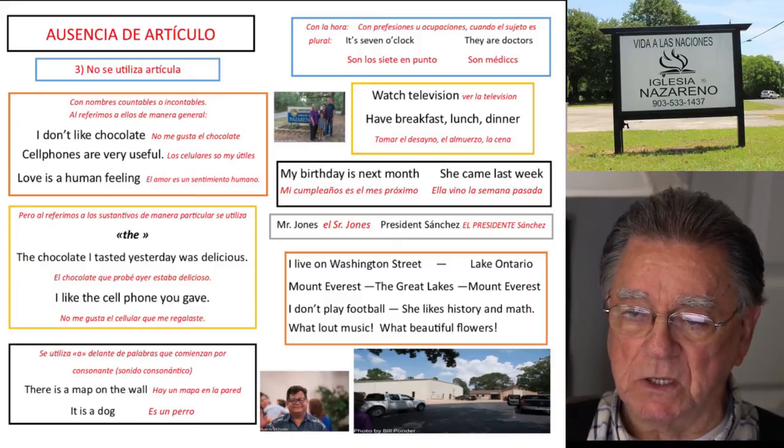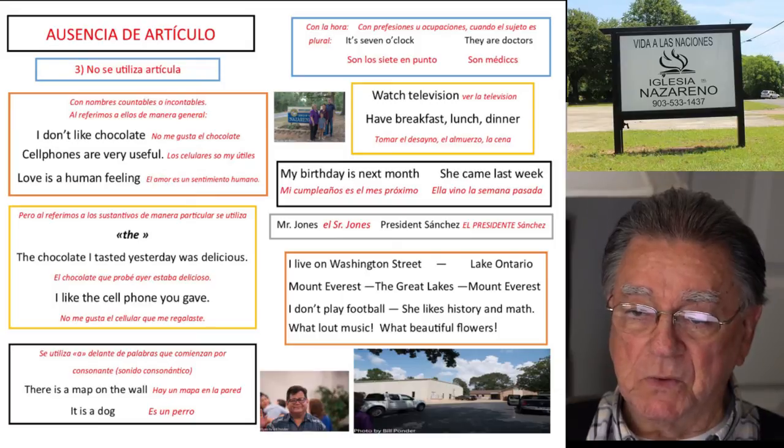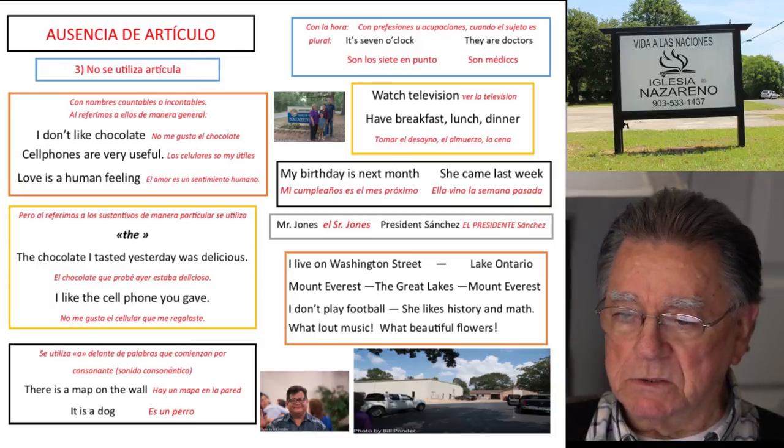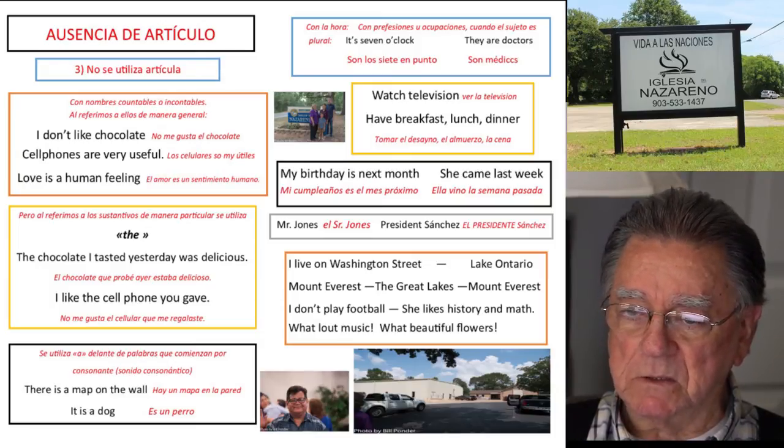It's 7 o'clock. Son las 7 en punto. They are doctors. And we don't use an article there.